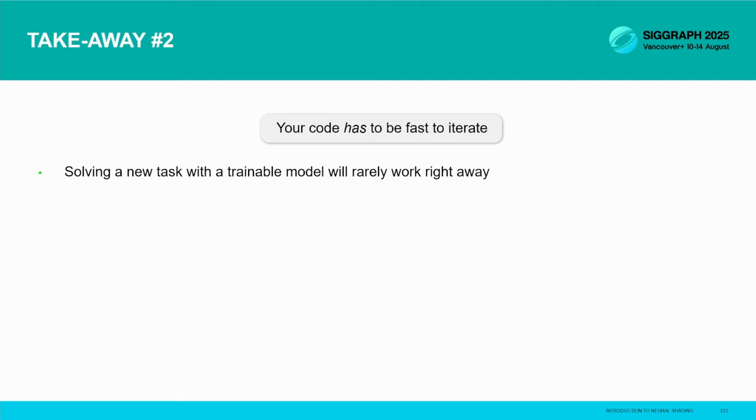And that's because whenever you try to solve a new task with a trainable model, you rarely get something that works perfectly out of the box. And likely you'll have to experiment with a bunch of different ideas and training tricks, and they might dramatically transform the code that runs your model or does your training.